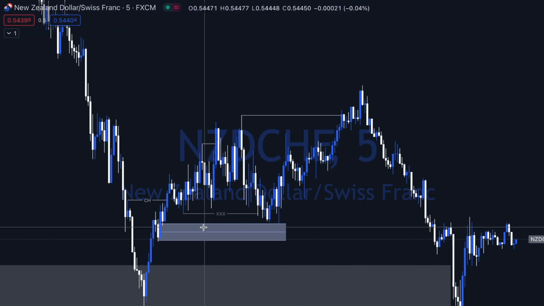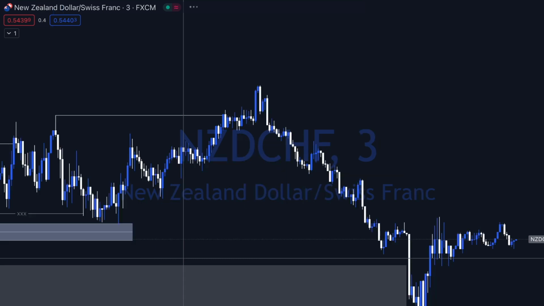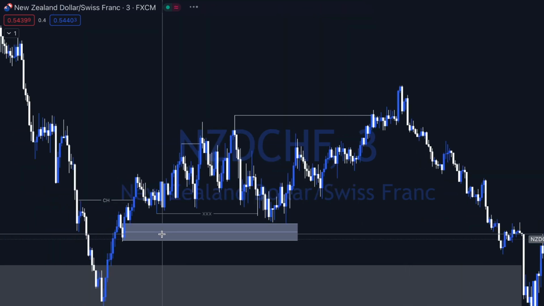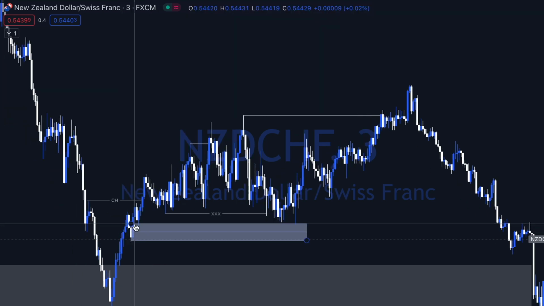So I marked up this demand zone right here, because this demand zone pushed price past this area. If you look on the, well, actually, this is the 5 minute. I took this trade from the 3 minute chart, actually. But yeah, I marked up this demand zone because this demand zone was already mitigated a few times.